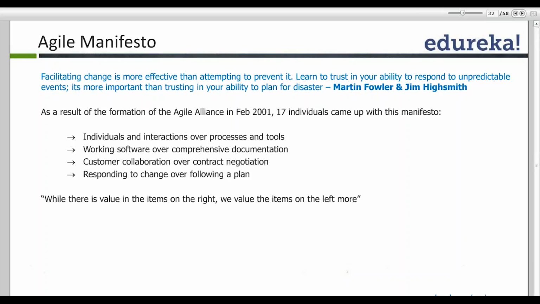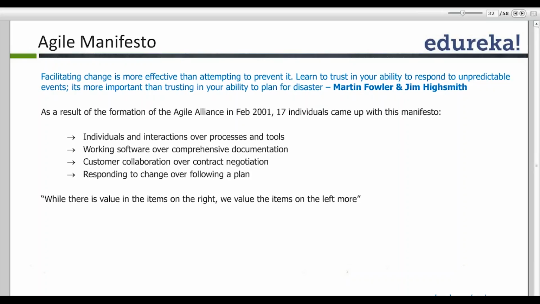And Agile Manifesto talks about 4 value statements. What it says is that individuals and interactions over processes and tools, working software over comprehensive documentation, customer collaboration over contract negotiation, and responding to change over following a plan.